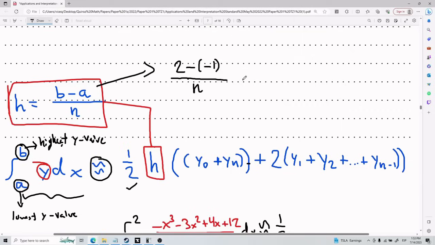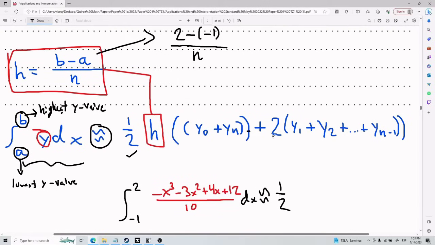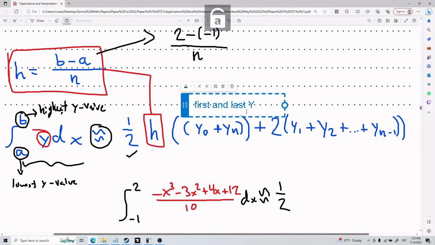Let's take a moment, see? The rest of my formula talks about y0, yn, y1, y2, yn minus 1. And I know that looks really weird, okay? So let me give you an intuition. The first two on the left side, y0 and yn, are going to be your first and last y values.